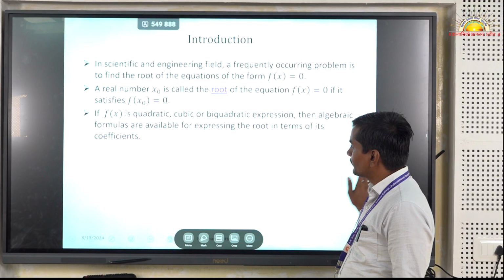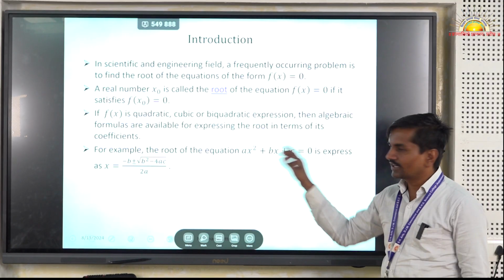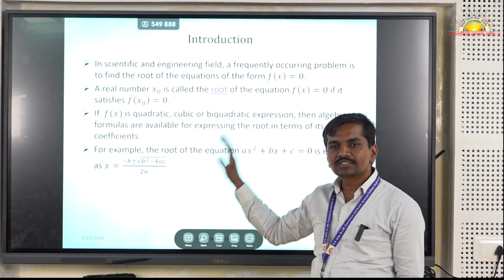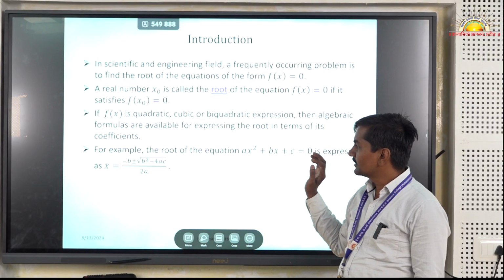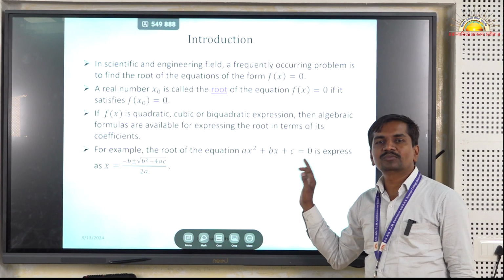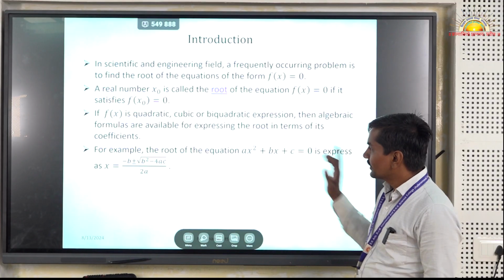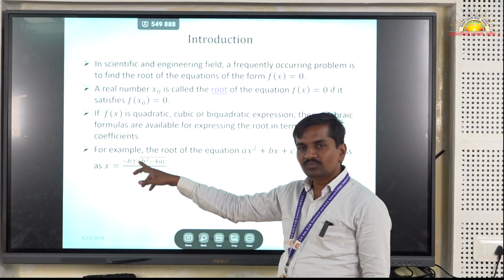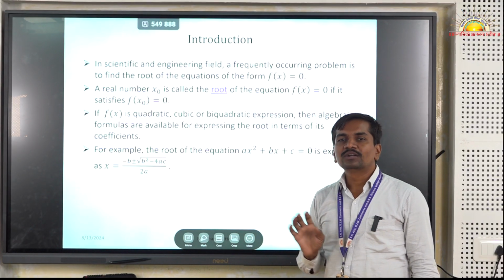For example, suppose our equation is ax square plus bx plus c equal to 0. Here a, b, c are the coefficients, and its root is expressed in the form minus b plus or minus square root of b square minus 4ac divided by twice a.